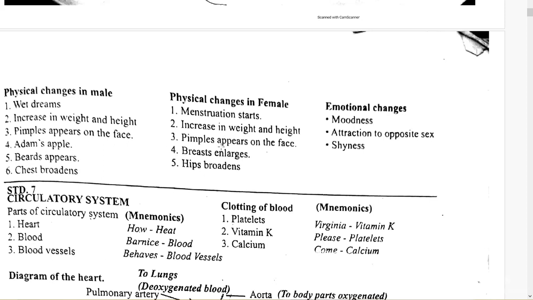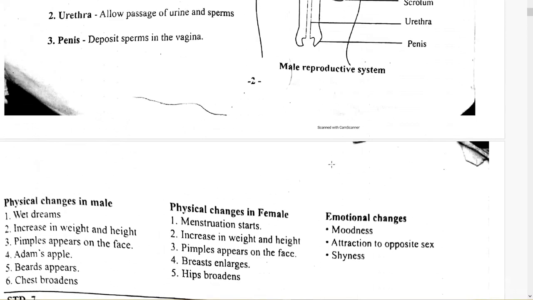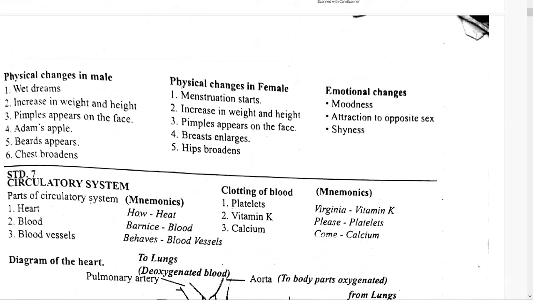For girls, menstruation starts, increase in weight and height, pimples appear on the face, breasts enlarge, hips broaden. Emotional changes: moodiness, attraction to the opposite sex, and shyness. Very good. People become shy when they are at the adolescent stage. So these are the characteristics of adolescence. For boys and girls, they are different.